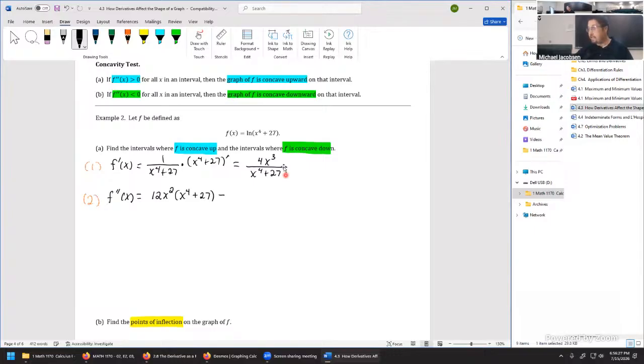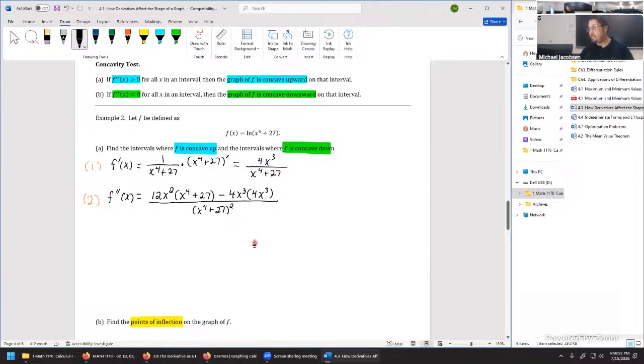Then go minus, now copy the numerator, 4x cubed. Multiply it by the derivative of the denominator, that's 4x cubed again, and that's the whole thing for the numerator. Then we divide by that same denominator squared, x power 4 plus 27 squared.